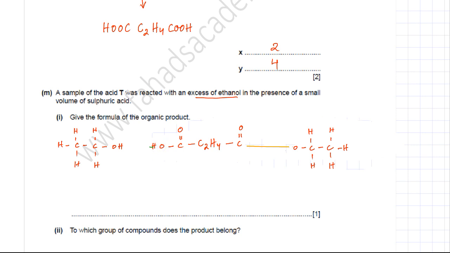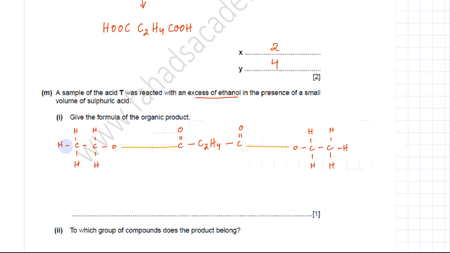The carboxylic acid loses its OH, the alcohol ends up losing its H. We're going to rub these off, and the two end up bonding with each other. The O would then complete its bond by bonding with carbon. So this is the organic ester that would be formed when the two substances react.